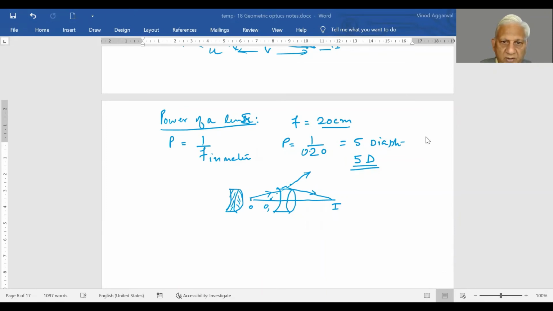The ray here would have gone like this had there been no second lens. What this lens does is pick up this one as the object and make an image here.